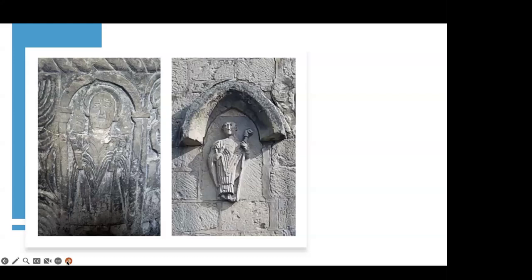There's a generic bishop which is carved, and you have to try and make an educated guess. The other thing to note, of course, is that the arcading is still there. So you're looking at figures within arcades. They separate out the elements of the story. It's almost like a chapter in a book, or a cartoon with different episodes on different pages.